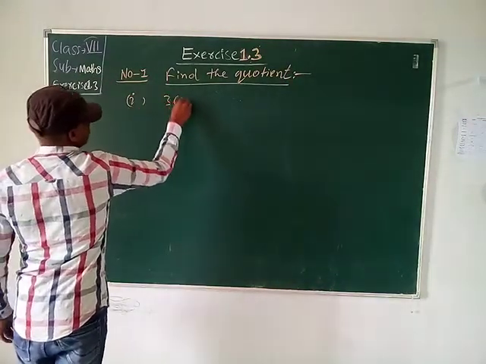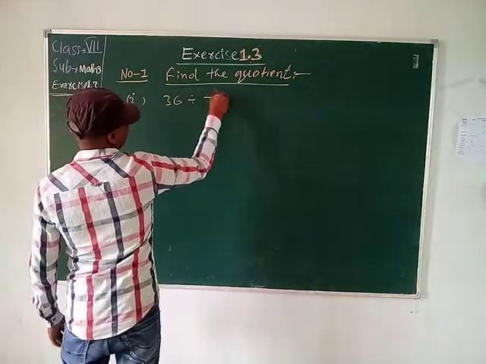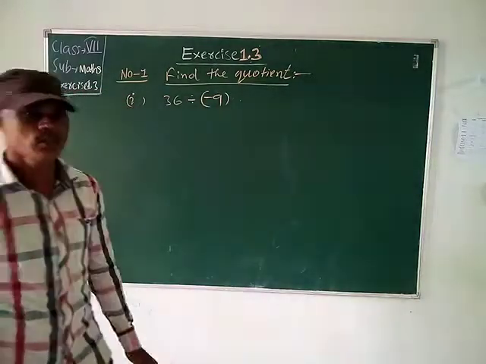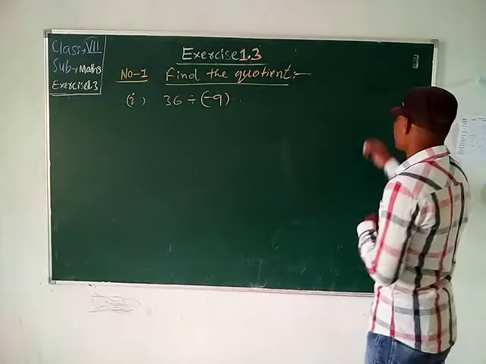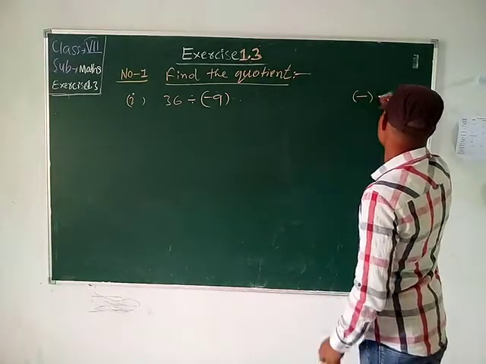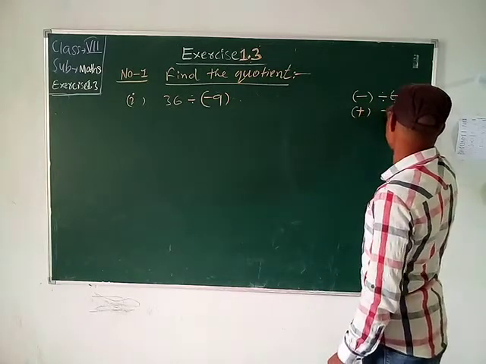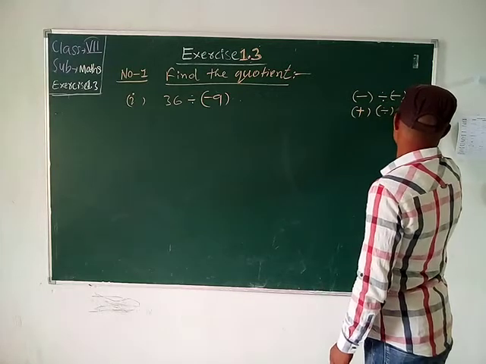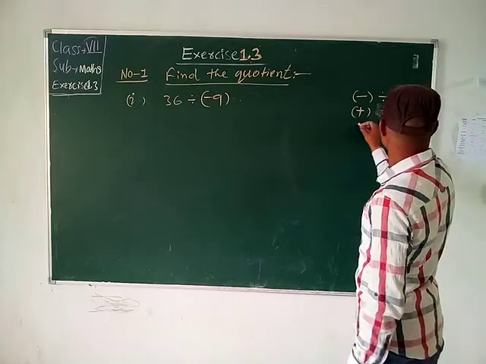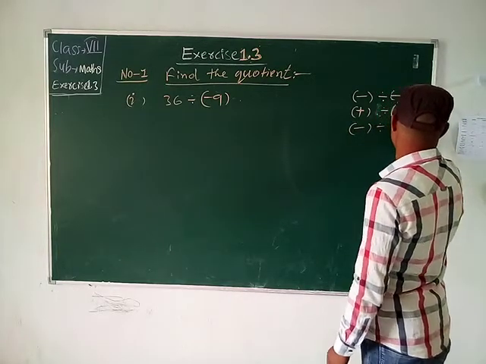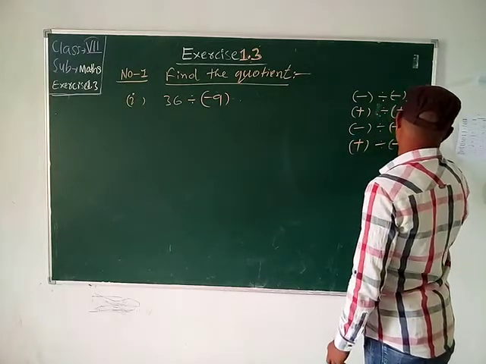Here 36 divided by minus 9. We know the rules. In multiplication and division, the signs work similarly. Minus divided by minus equals plus, plus divided by plus equals plus, minus divided by plus equals minus, plus divided by minus equals minus.